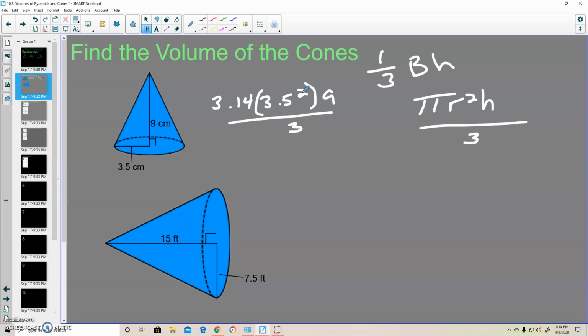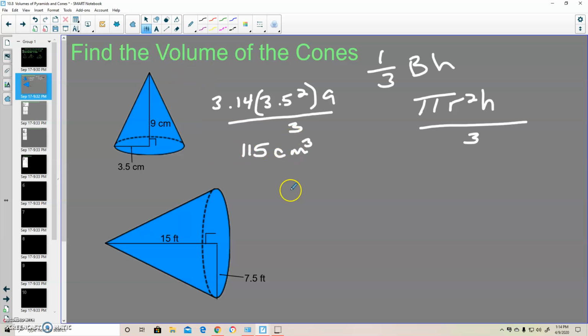With a calculator, I'll go ahead and square that first: 3.5 squared times 3.14 times 9 divided by 3. That should give us 115 if we round it off to the nearest whole number. 115 centimeters cubed.